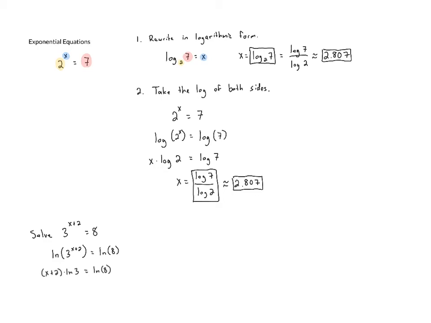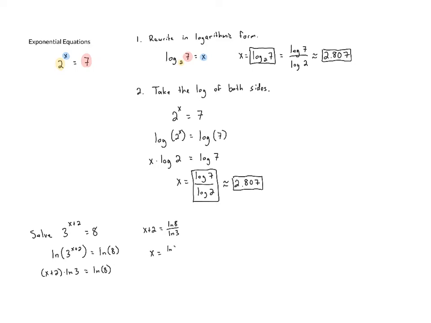Now we want to get the x alone. The first thing we can do is divide both sides by ln of 3. That gives us, and I'm going to write this over here, x plus 2 equals ln of 8 over ln of 3. I divided both sides by ln of 3. And then to get x alone, we can subtract 2.